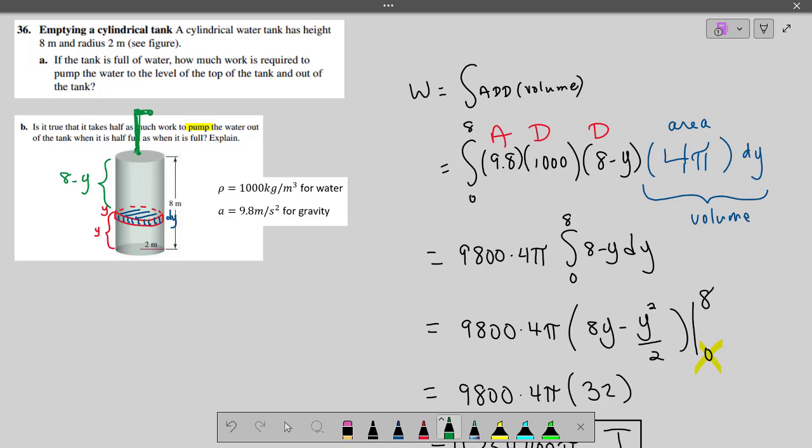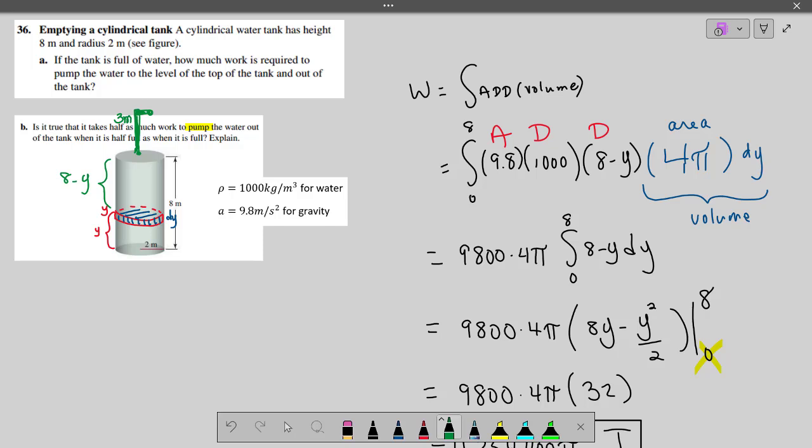Instead of going right over the top, let's suppose that this was a 3 meter pipe up here. So instead of pumping it right out the top, we have to go 3 meters above and then pump it out. What would change?